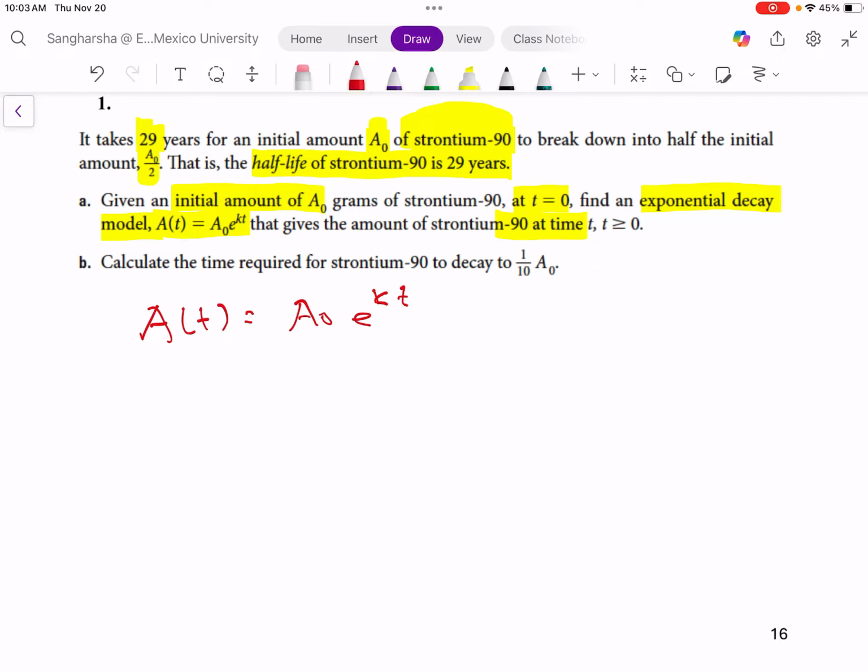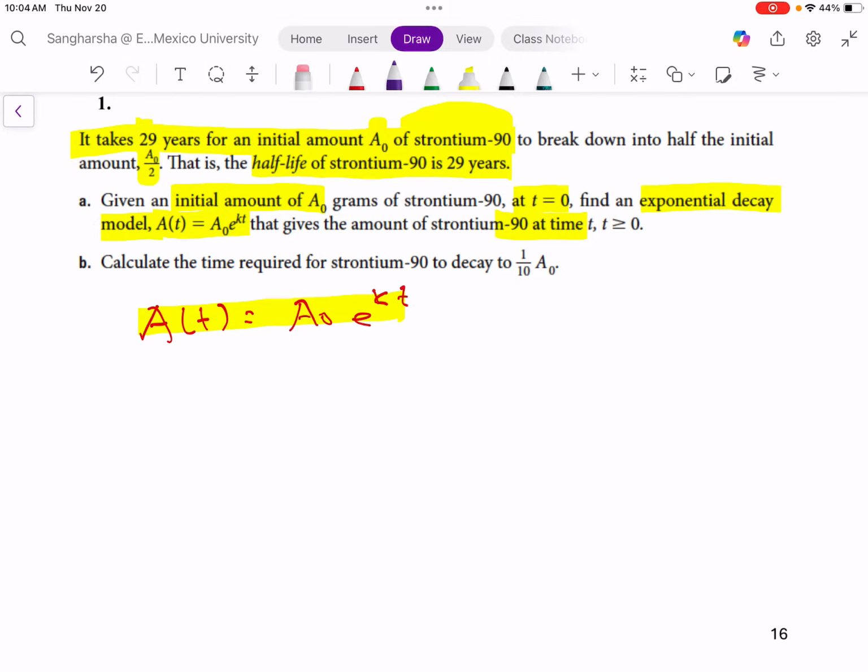We have to find the value of k in this model, and we can use this function to find the amount of strontium 90 at any time period. Now what do we know from our very first statement? We know that 29 years is the half-life of strontium 90.